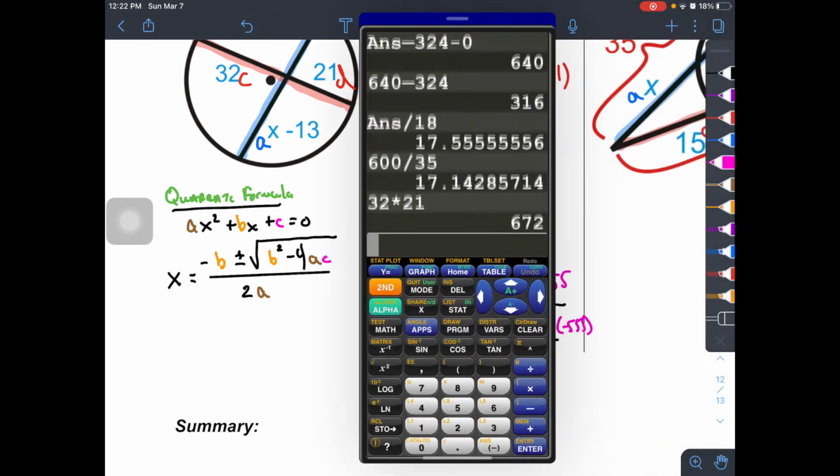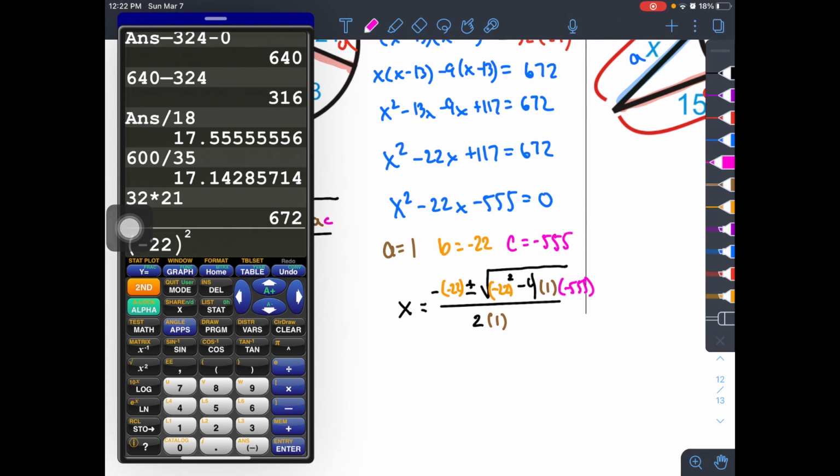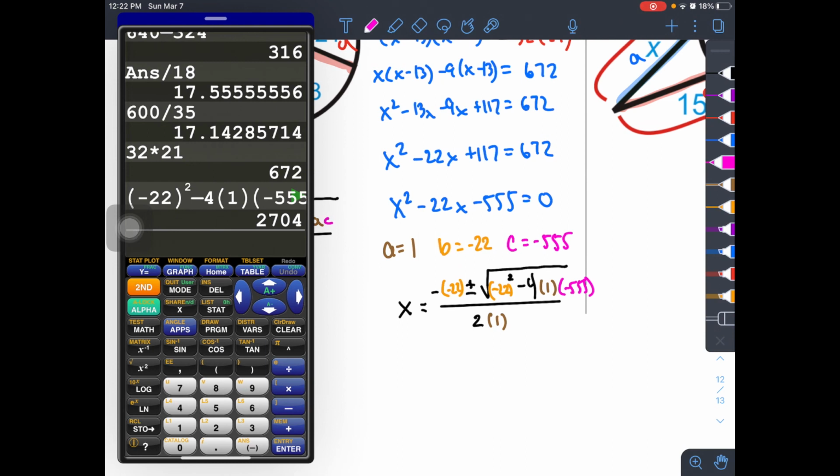So once we got that plugged in, I like to take this in bits. We'll do the discriminant, which is under the radical, that part first. So we get x equals, opposite of a negative is a positive, so positive 22 plus or minus the square root of 2,704, over 2.